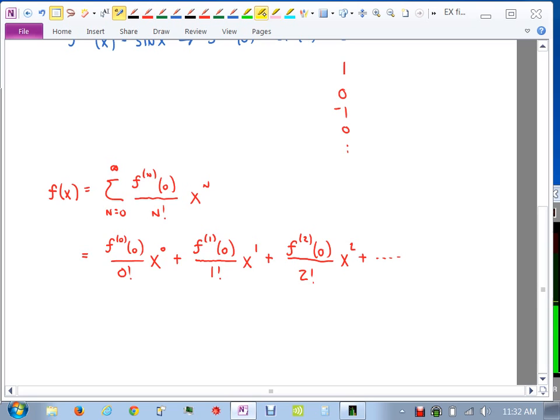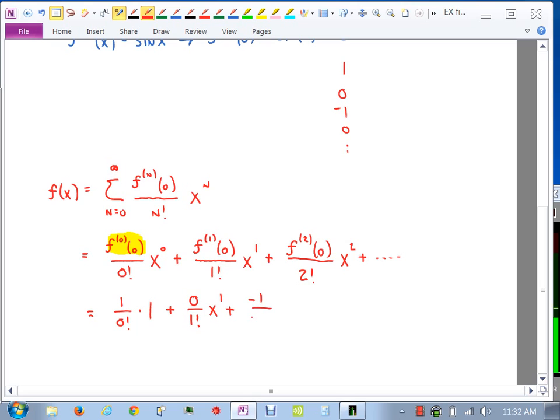What was the 0th derivative at 0? It was 1, wasn't it? So that's going to be 1 over 0 factorial, which is 1, x to the 0, which is 1, plus, what was the first derivative at 0? 0 over 1 factorial, x to the 1, plus, what was the second derivative at 0?